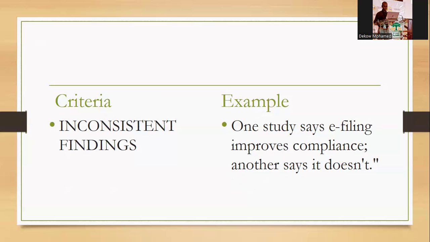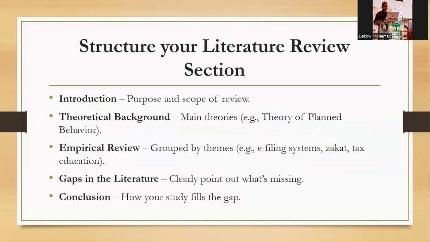So this can be one of your gaps, to say that there has been disagreement on whether e-filing affects compliance. Therefore, this study is eager to find out how this variable affects in these circumstances because of those inconsistent findings.